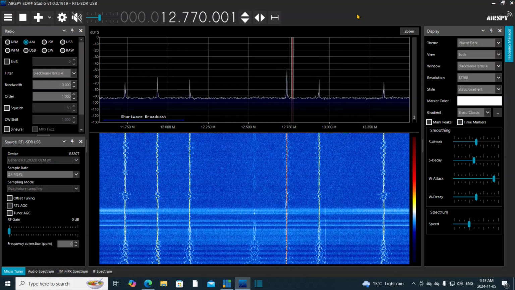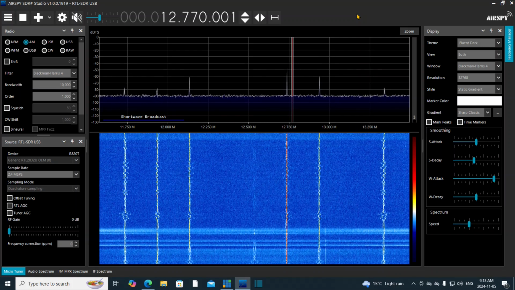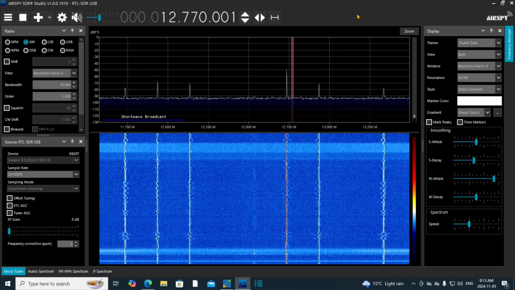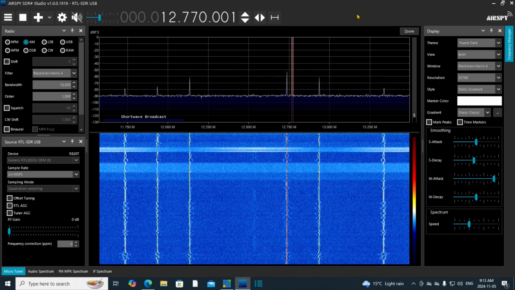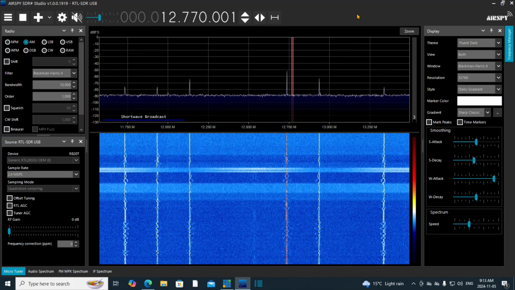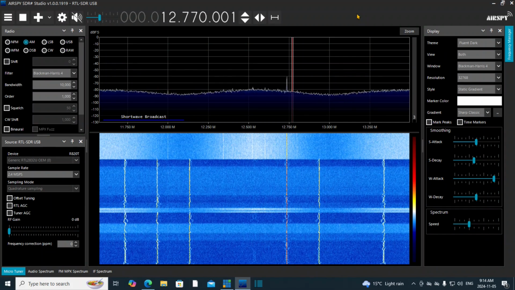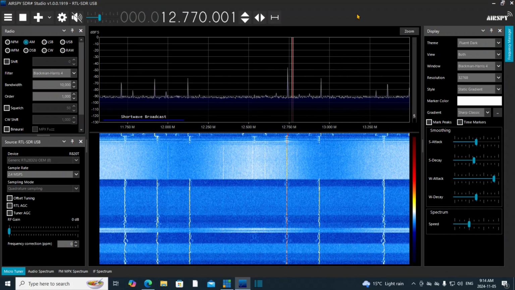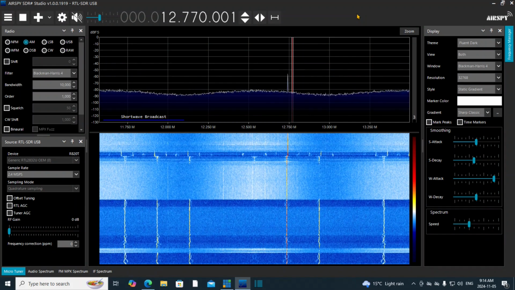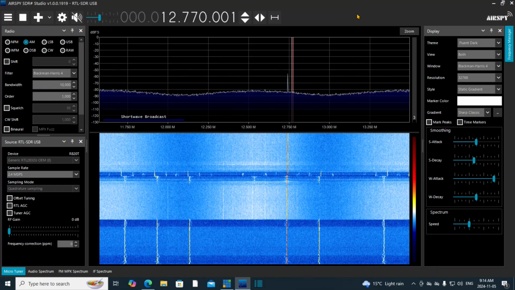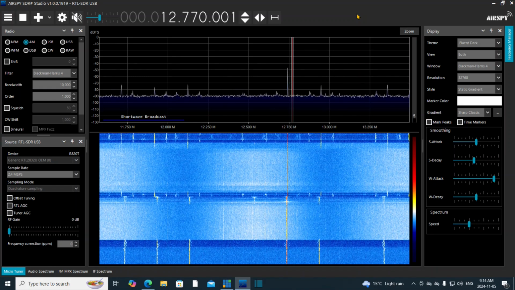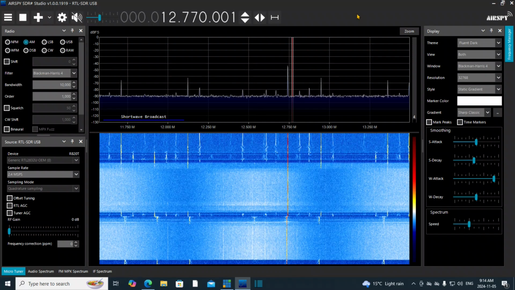I'm just rotating the... okay, we won't worry about it at all. Sorry you're not seeing what I'm doing. I'm just straightening up the wires here on my bench a little bit. Okay, there we are.